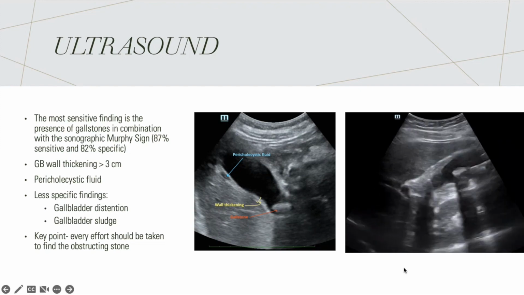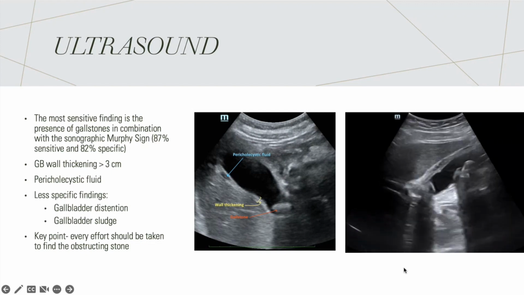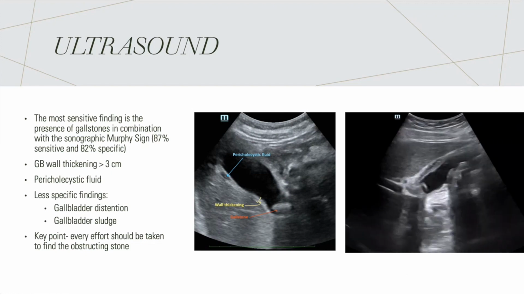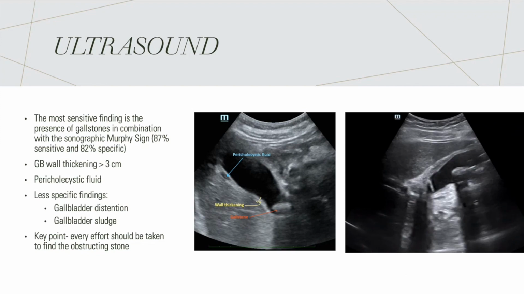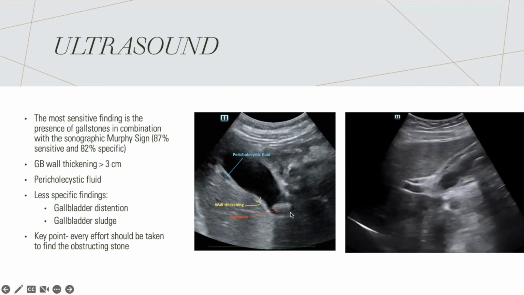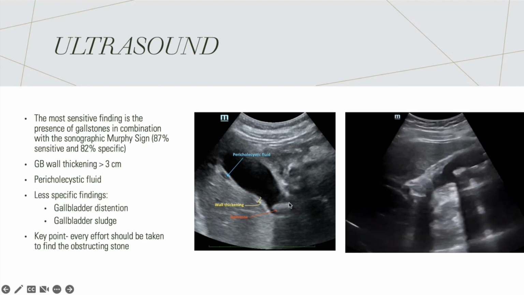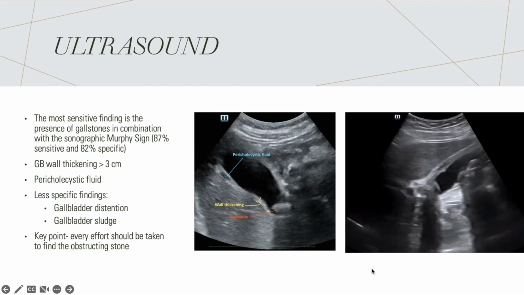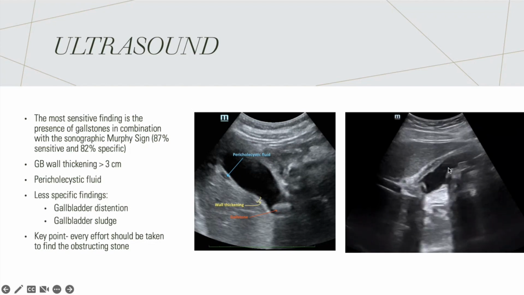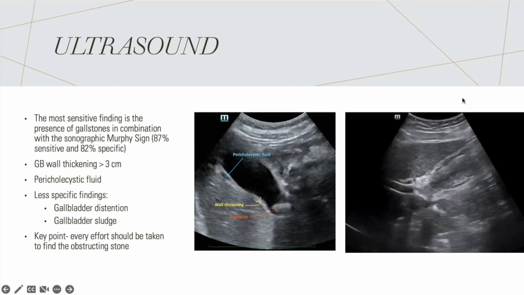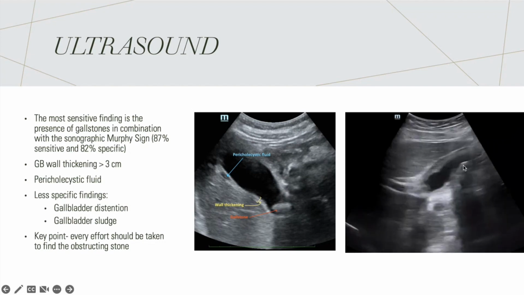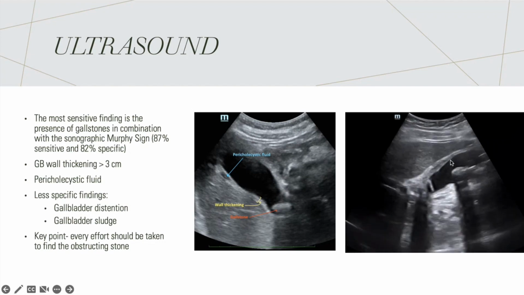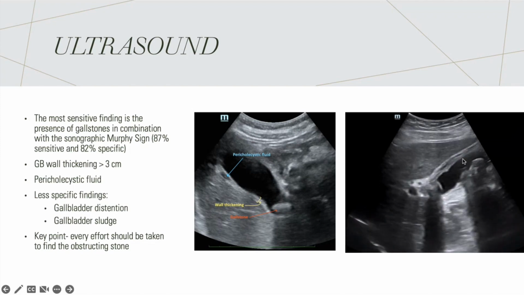A very key point, though, whenever you're looking at a patient ultrasound, is to try to find the obstructing stone. So in this image here, it looks like this is our culprit lesion here. And then as we look into the ultrasound on the right, we do see the anechoic gallbladder here.